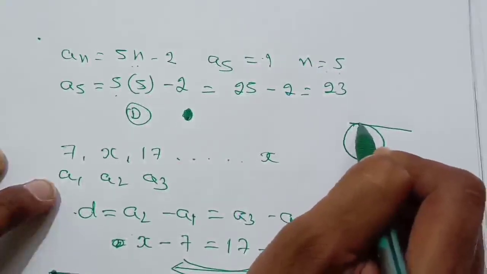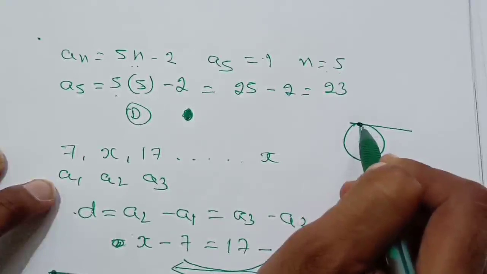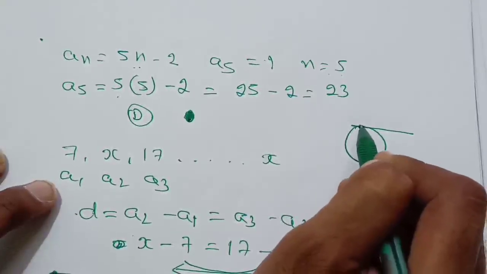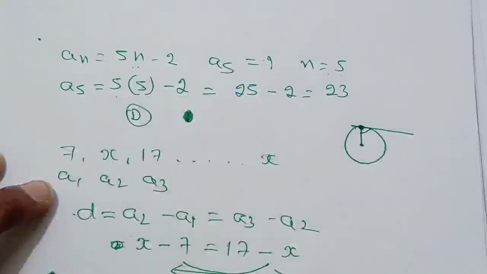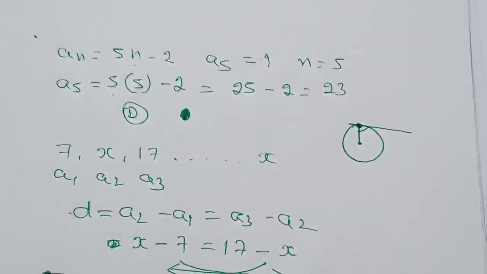Now at the point of contact, the angle between the radius and the tangent is how much they are asking, right? As you know, I think you know the theorem. In the circle chapter you will be having two theorems. One is about the tangents being equal, another one I think you know, right?